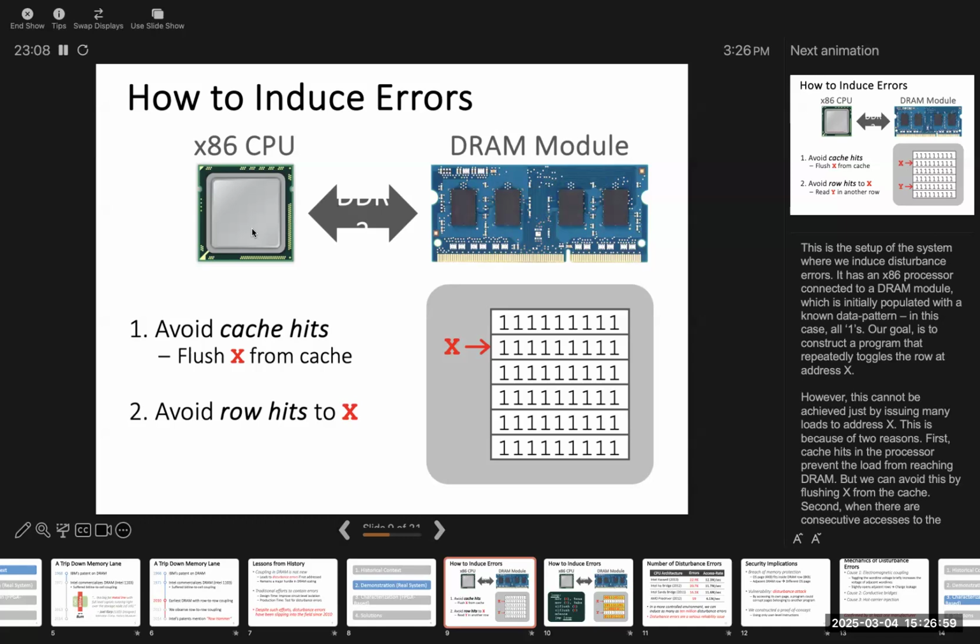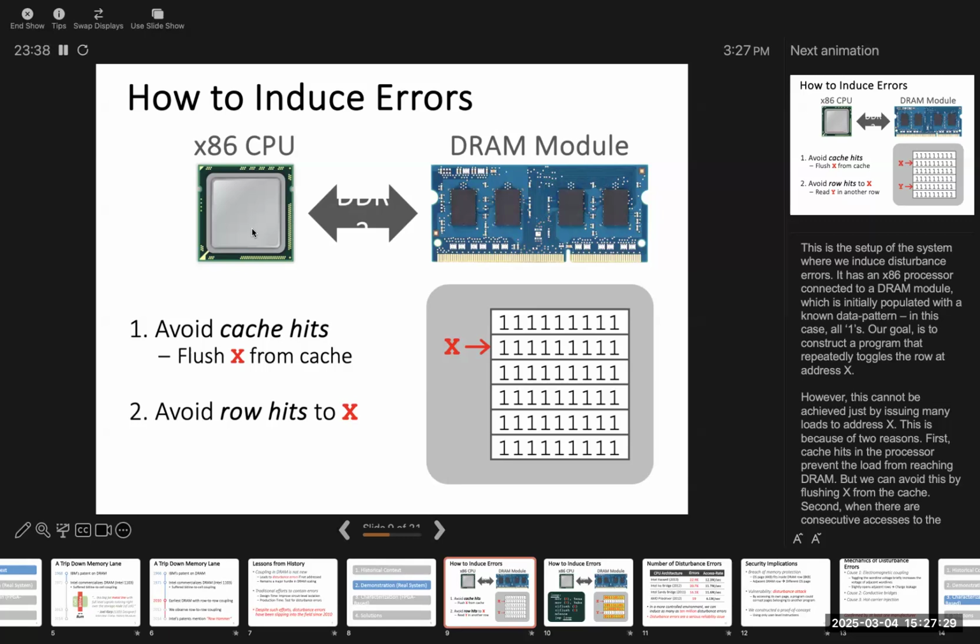But our target is to repeatedly read from X in such a way that every time we are opening and closing it. Why do we want to open and close? Because we want to toggle the value of the word line from 0 to 1, 0 to 1, 0 to 1, which will generate activity and, as a result, lead to the flow of current in the transistors which comprise this row.